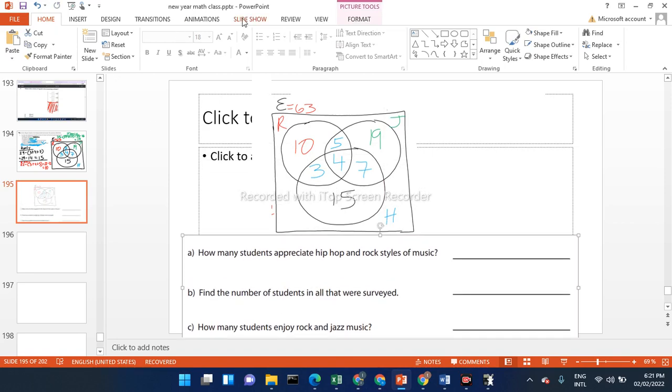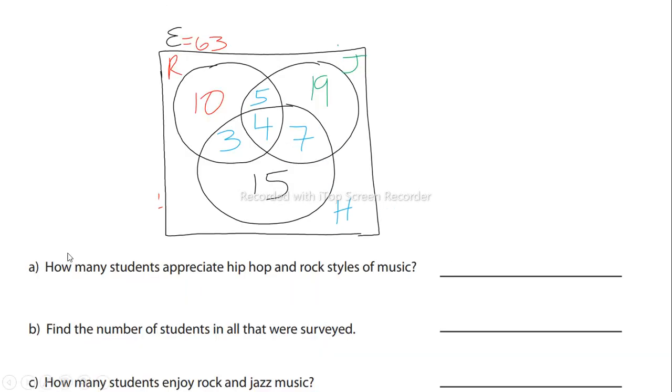So it says here, how many students appreciate hip hop and rock styles of music? Hip hop and rock. Remember, it's hip hop and rock, so that's going to be 3 and 4.